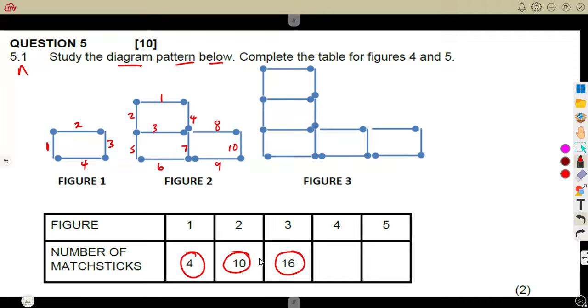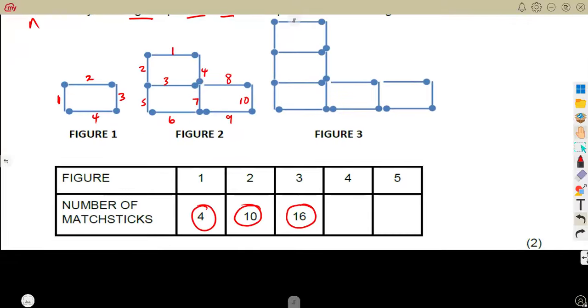So what is happening, guys? From one figure to another, from one pattern to another, what is actually happening? All right. We said these ones, they are 4, 10, 16. Let's find their difference. 10 minus 4, that's a difference of 6. 16 minus 10, that's a difference of 6.